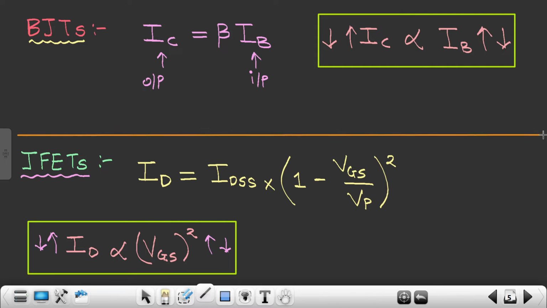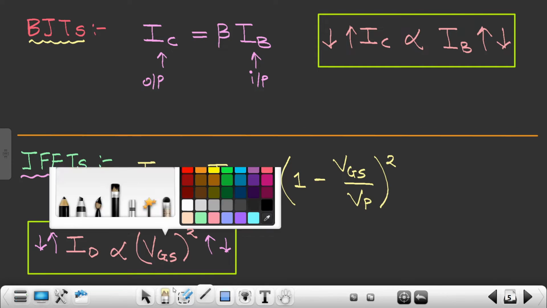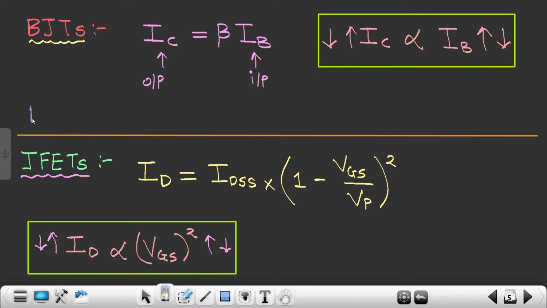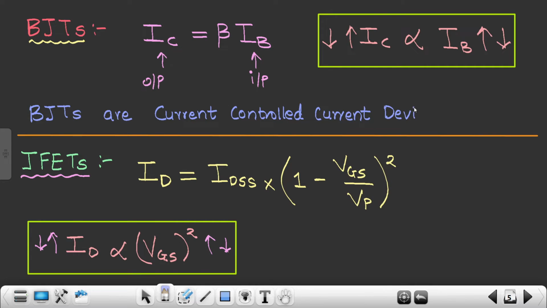So BJTs are what? BJTs are current controlled current devices, or current controlled current source.